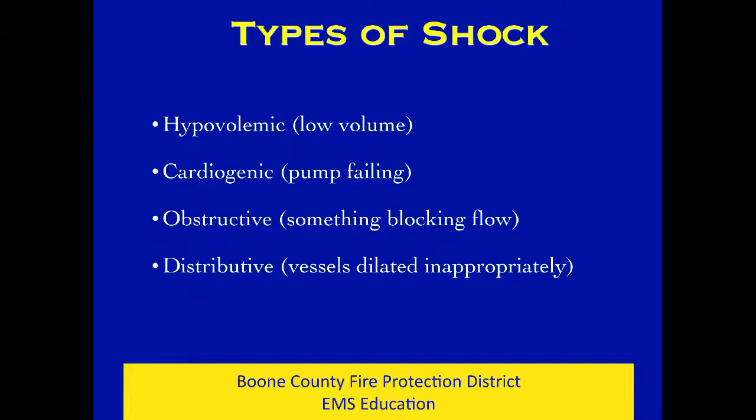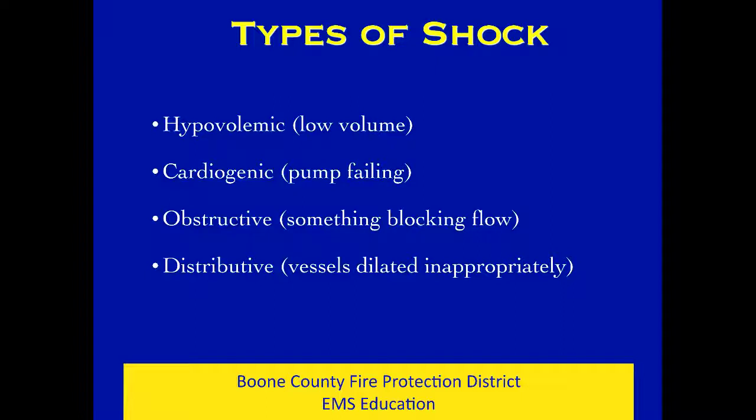Another thing that could be happening is there could be an obstruction somewhere. Maybe there's something blocking blood flow. Maybe there's a major clot in a pulmonary artery causing an obstruction to flow. Maybe there's a bunch of fluid that has built up around the heart in the pericardial sac called pericardial tamponade. Maybe that's causing an obstruction to flow.